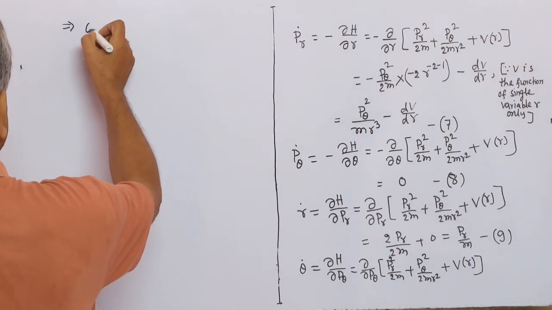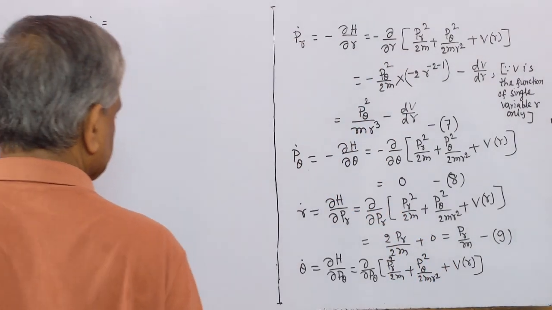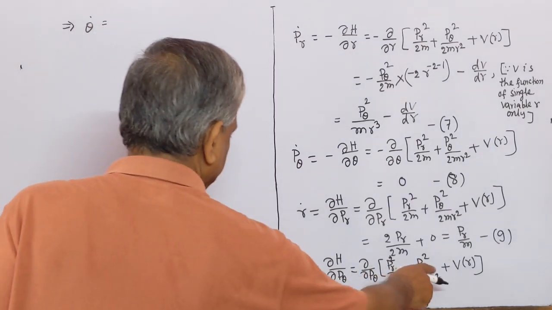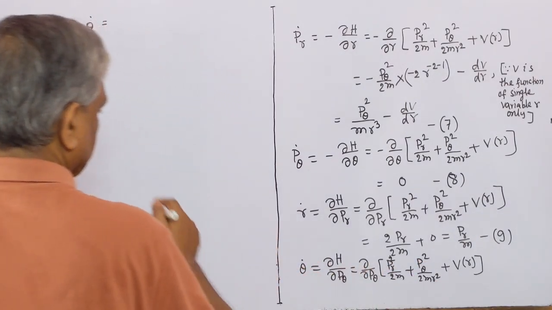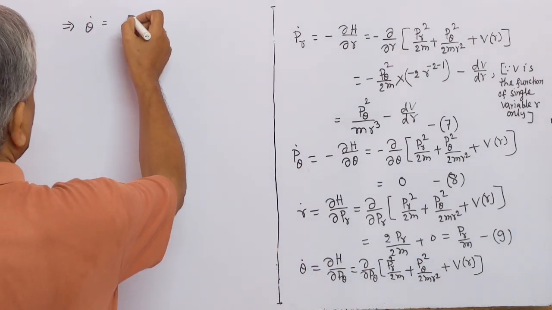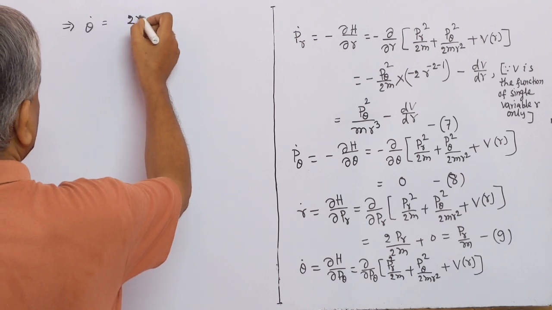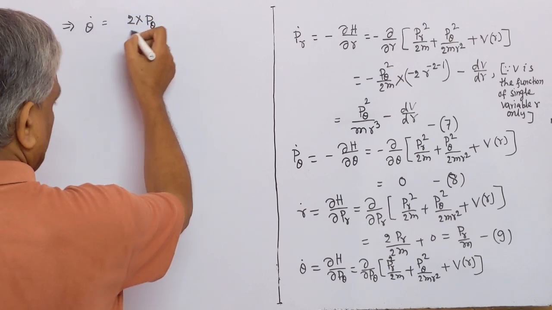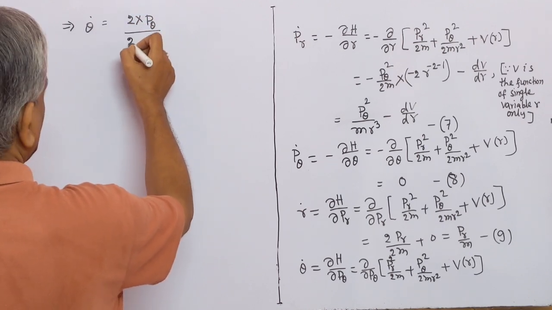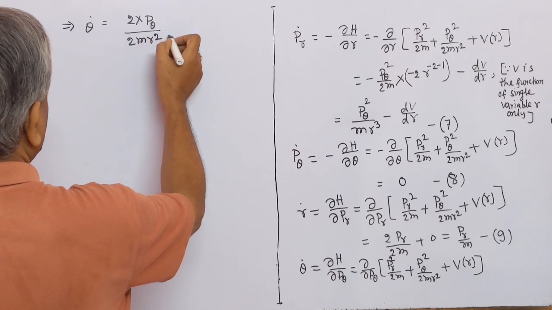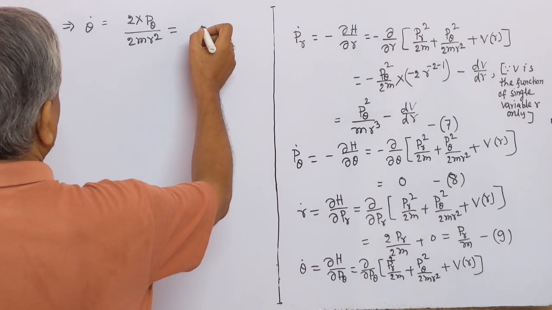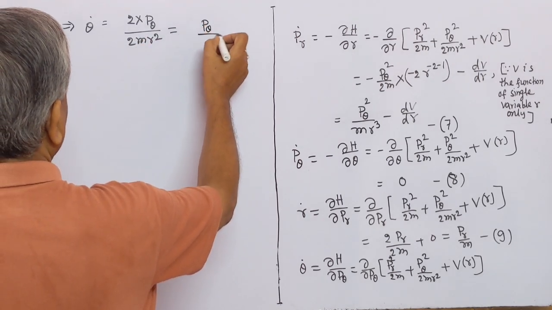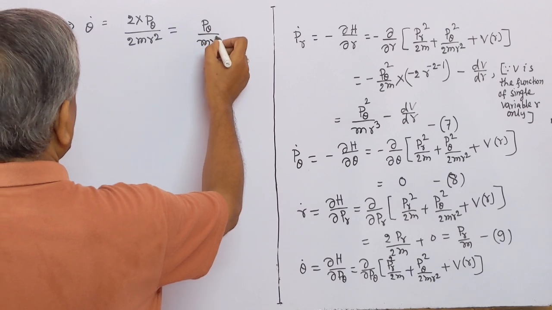This implies that theta dot equal to, here we have P theta square, so we get 2P theta by 2m r square. This equals P theta by m r square.